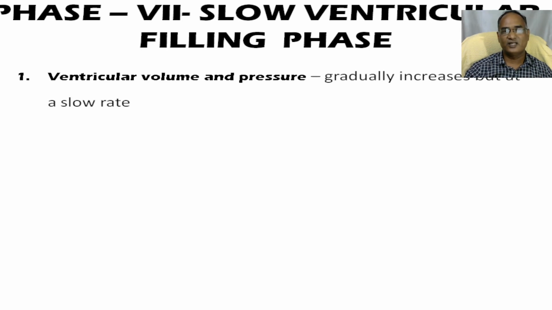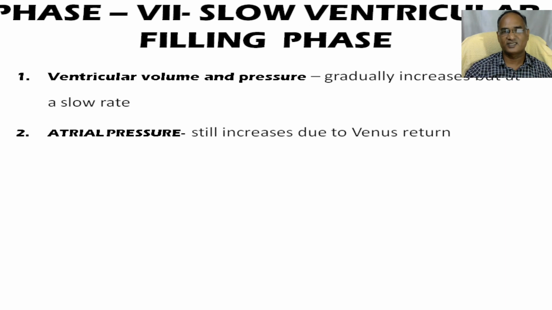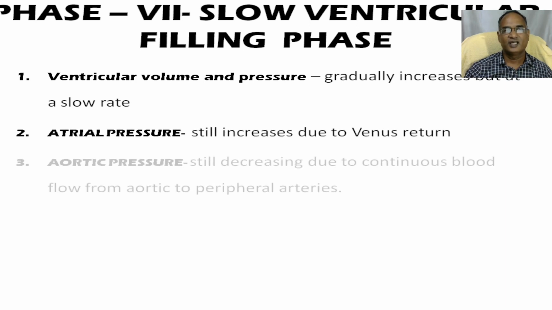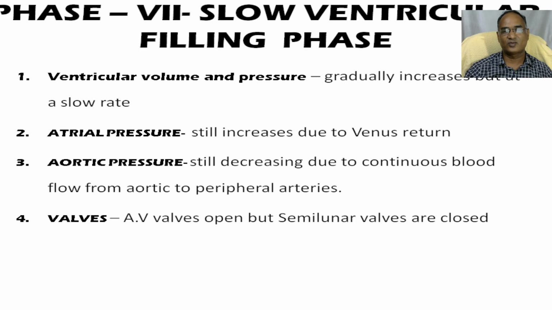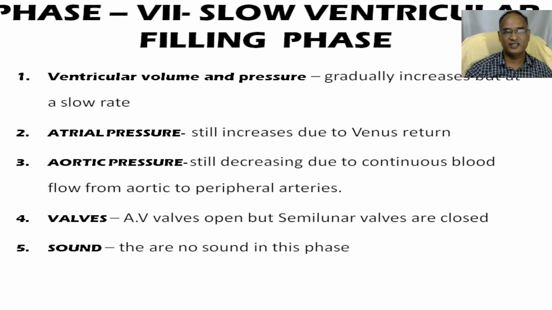So ventricular pressure gradually increases at a slow rate, and atrial pressure still increases due to venous return, and aortic pressure still decreases due to continuous blood flow from the aorta to peripheral arteries. And the AV valves are open, but the semilunar valves are still closed, and there will be no sound in this phase.